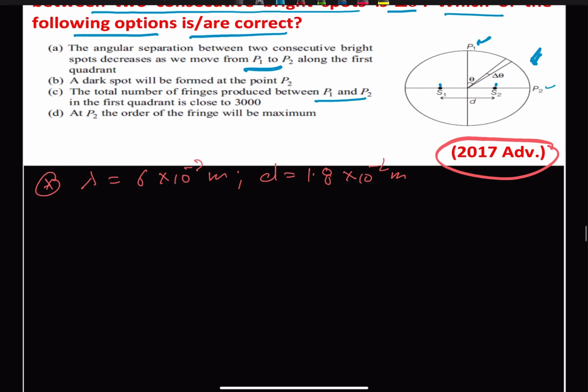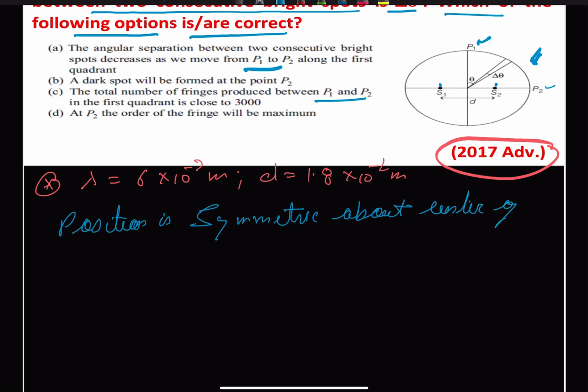The position is symmetric about the center of the circle, and the interference fringes are on the circumference of the circle.